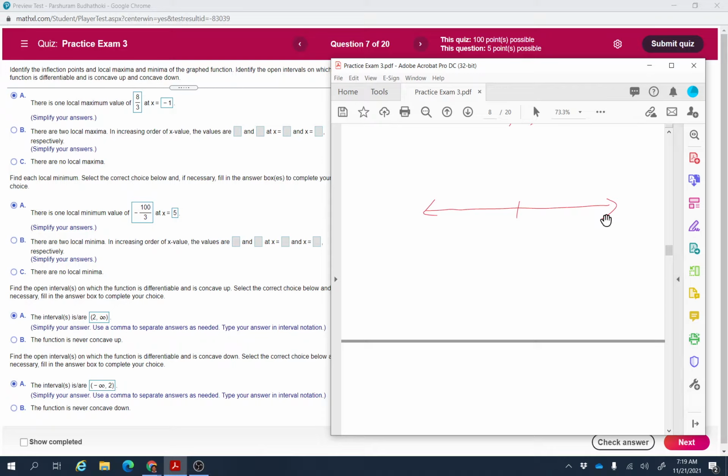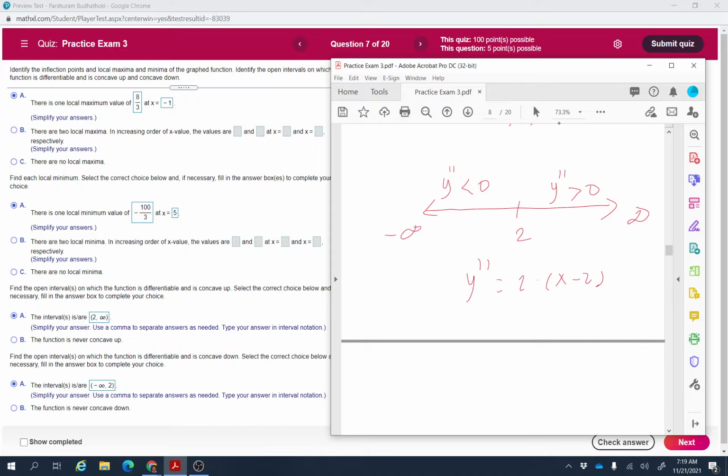On the left side, if you check the value of the second derivative, that will be negative, and on the right side that will be positive. We know the second derivative is 2 times x minus 2, so we can pick some testing point. Let's say 0. Then 0 minus 2 is negative, 2 times negative 2 is negative, so the second derivative would be negative on this interval.